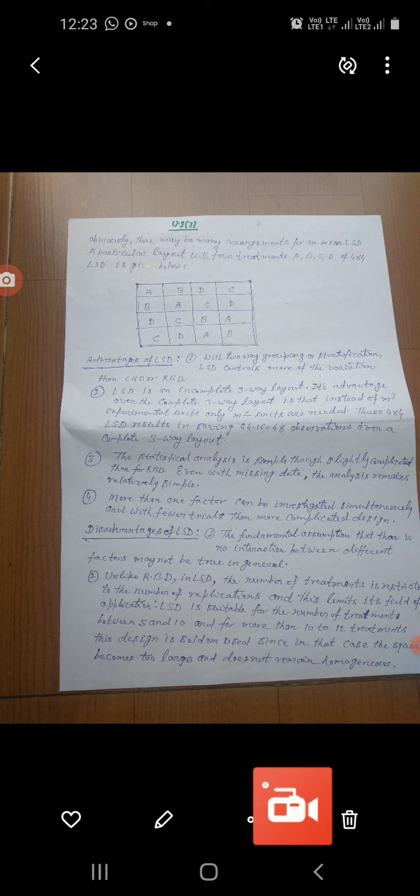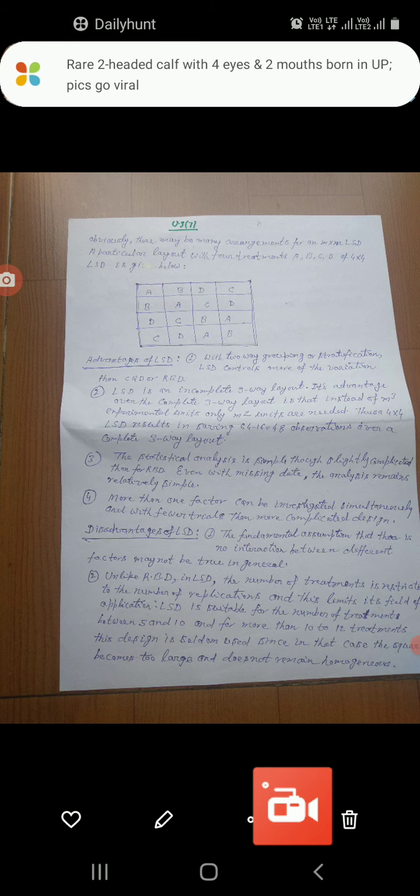Second point: unlike RBD, in LSD the number of treatments is restricted to the number of replications, and this limits its field of application. LSD is suitable for a number of treatments between 5 and 10. This is the main drawback.